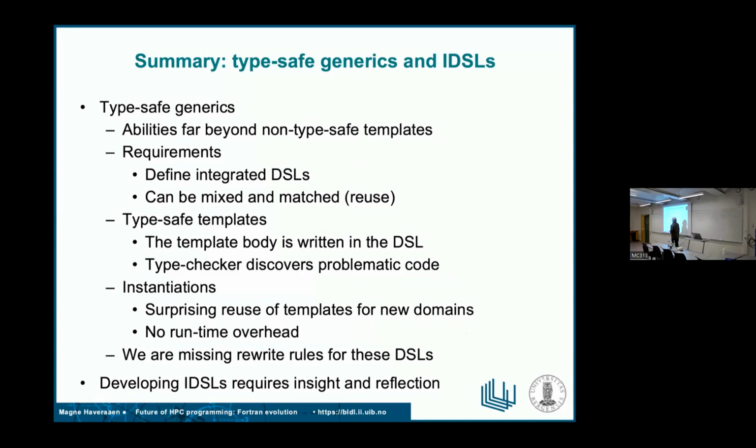Type-safe generics. I've sort of hammered in that this gives us possibilities which are not matched by non-type-safe generics. You don't see these examples in a C++ environment because they don't have type-safe generics.